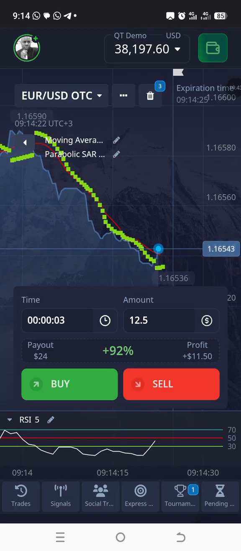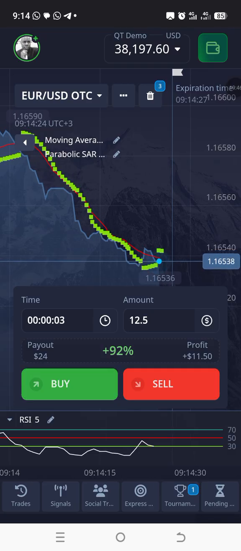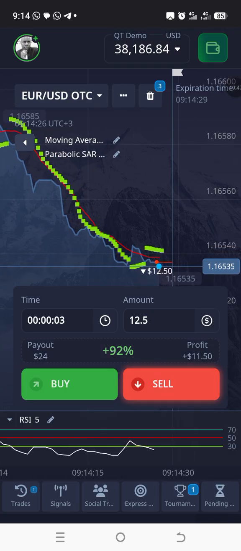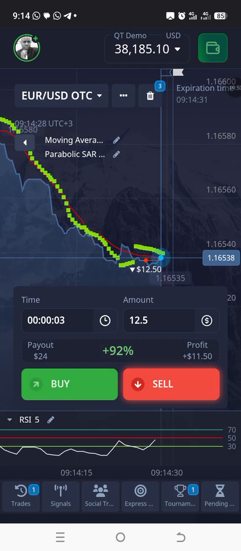So if you have enough capital, you can increase the stake.